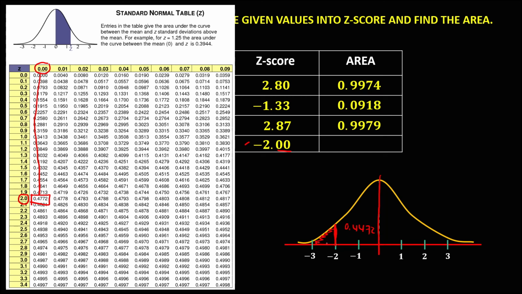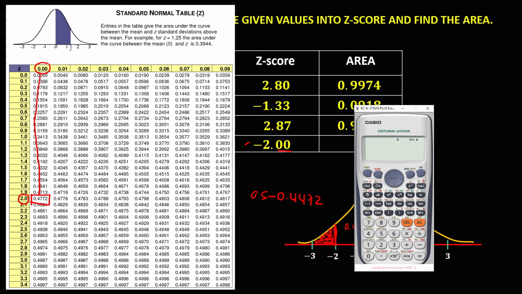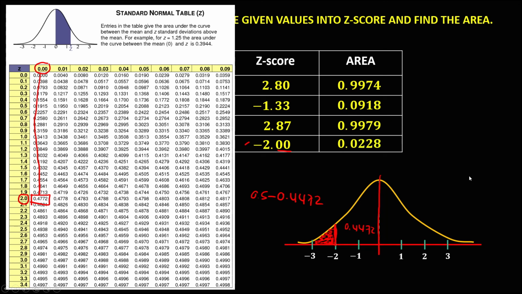Since the area is to the left, observe that this area is away from the mean, so we need to subtract. So this is 0.5 minus 0.4772. So the area for negative 2 is 0.0228.